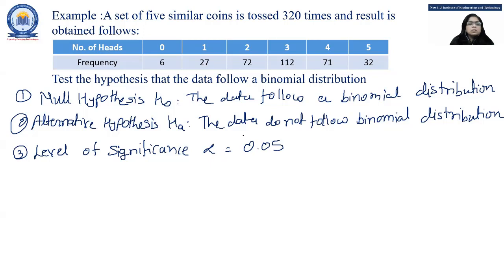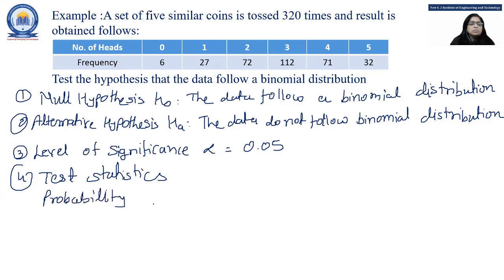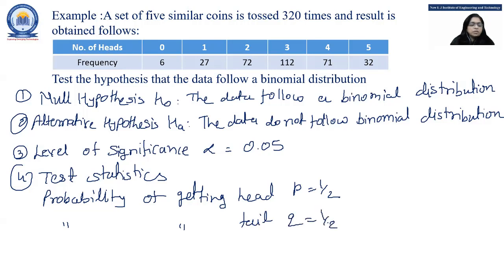Now, for the test statistic, the probability of getting head, that is P, is equal to 1/2. But obviously the probability of getting tail, Q, is also 1/2.